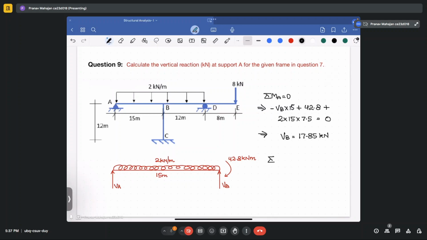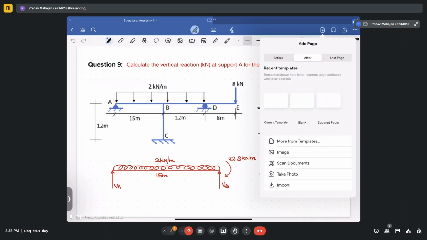If you are required to calculate VA, this implies your VA will become 15 into 2 minus 17.85. So that will give you VA equal to 12.15. This is how we will calculate the reactions at ends. If you are required to calculate others also, we can calculate.